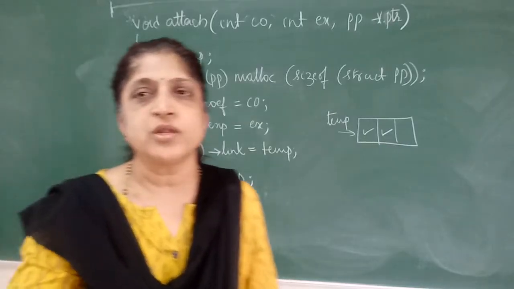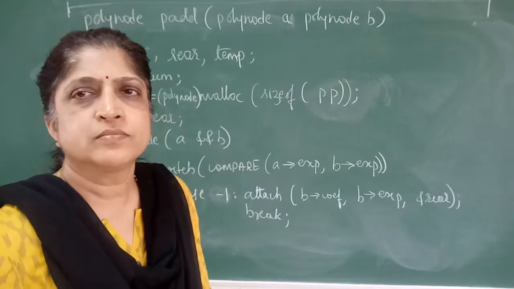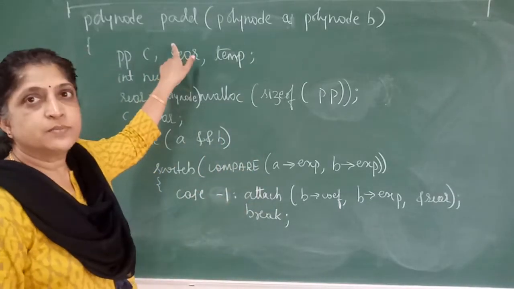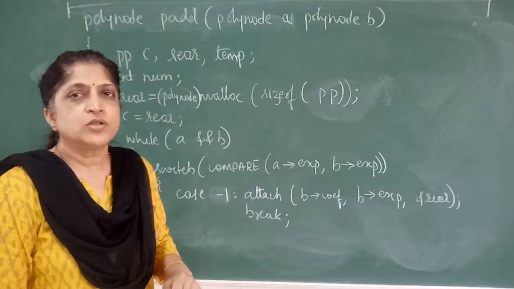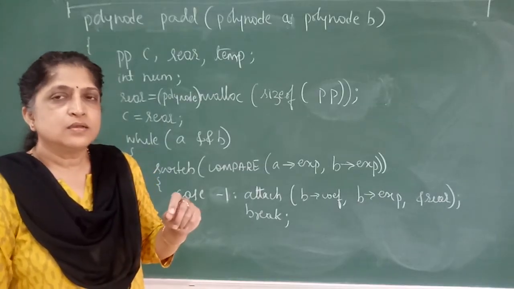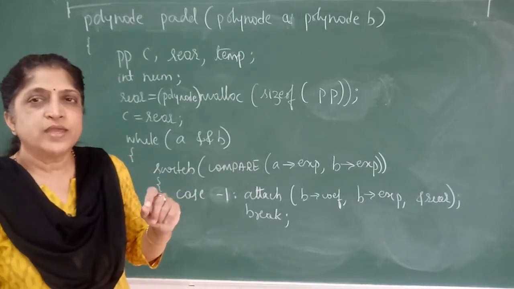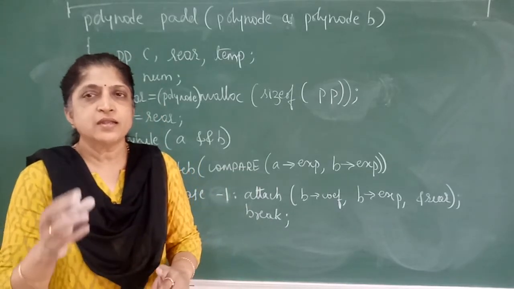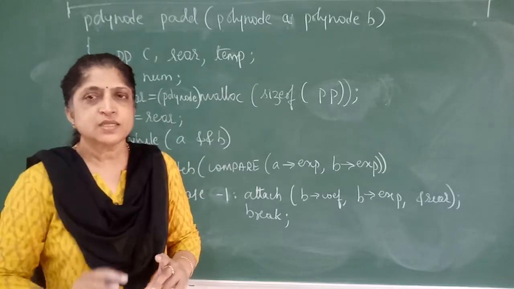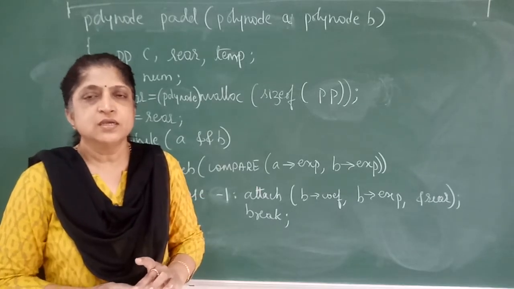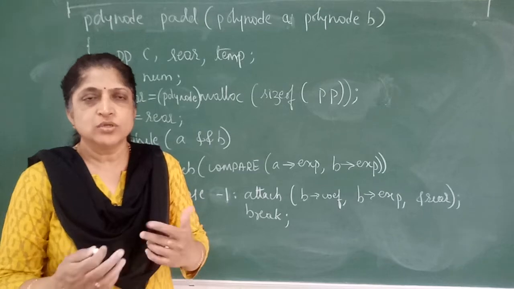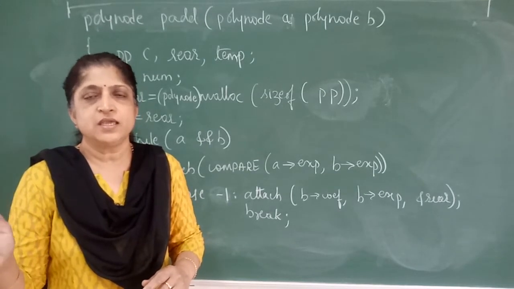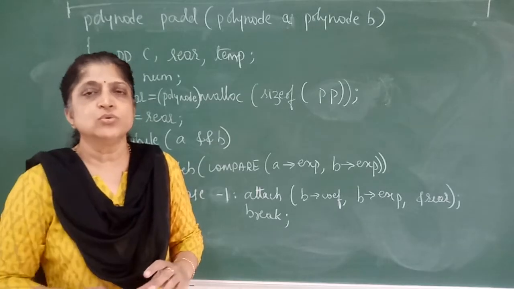Let us write the polyadd function. This is the polyadd function, which I have written as padd, to add the two polynomials. Now in this we have to compare the exponents of the two polynomials, then add a new node to the sum polynomial, that is C. Every time we add a node to C, we would have to traverse to the end of the list C and then attach the new node there.